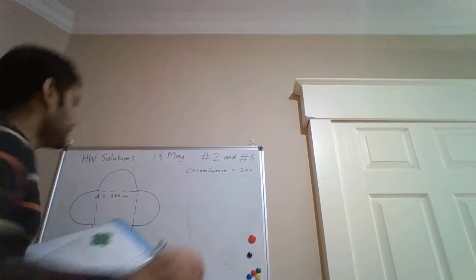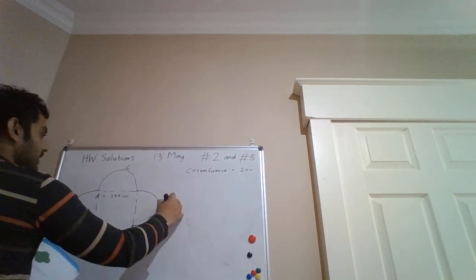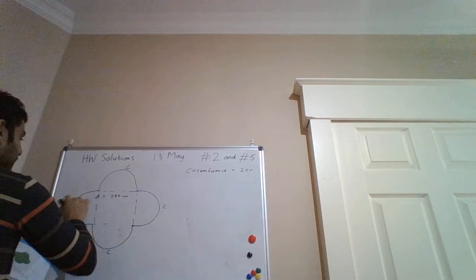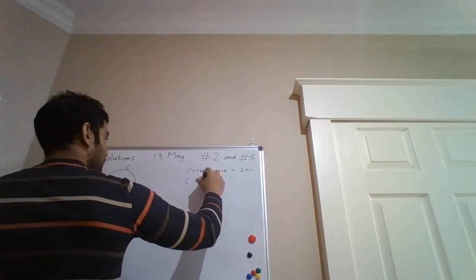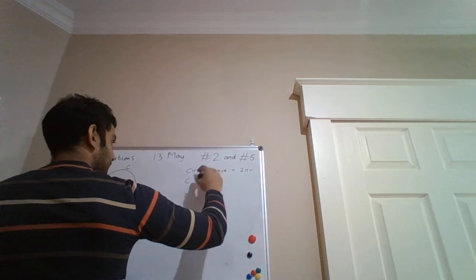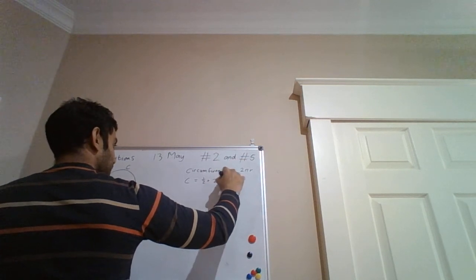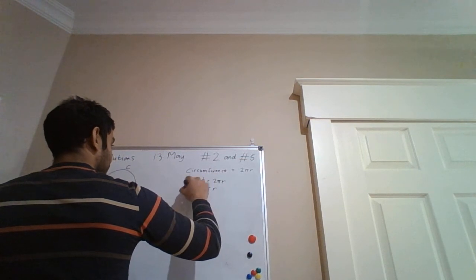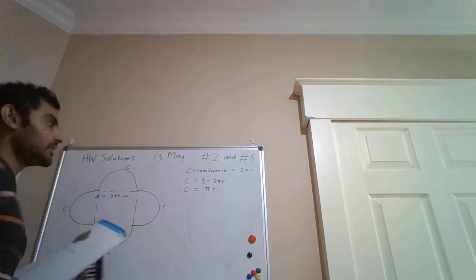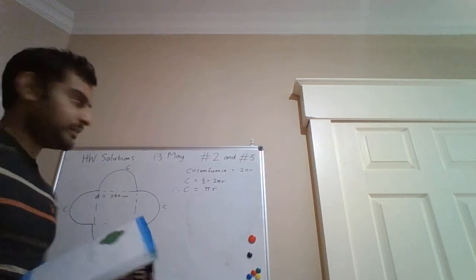I'm going to call each of these curves C. So the length of C is going to be half the length of the full circumference, and that gives us pi r, because a half times 2 is 1.